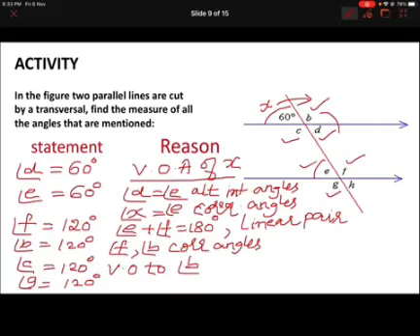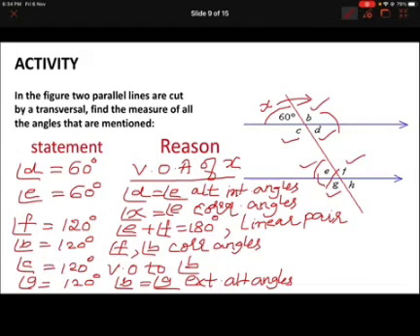I can say it's linear pair with E, or I can say it's vertically opposite to F. I can give one more reason, children: angle B is equal to angle G because exterior alternate angles. But even if you write G is vertically opposite to F, you will get marks. If you write G is linear pair with E, that is why it is 120, even then you will get marks. Depends on how innovative you want to be in your answers.